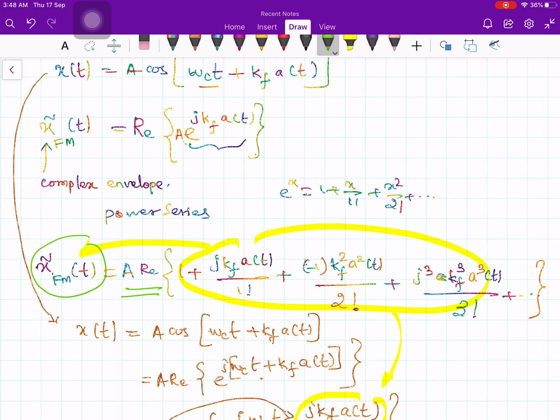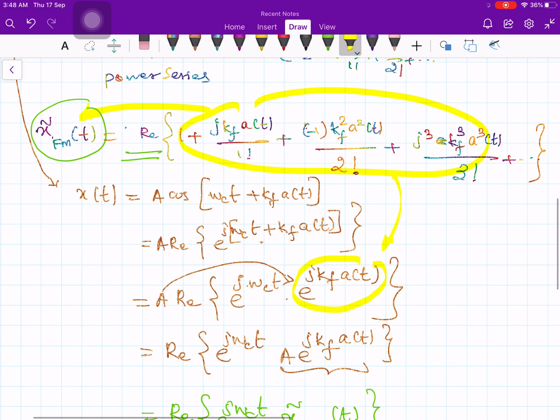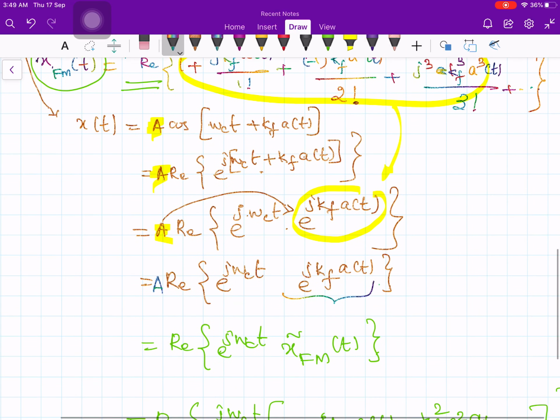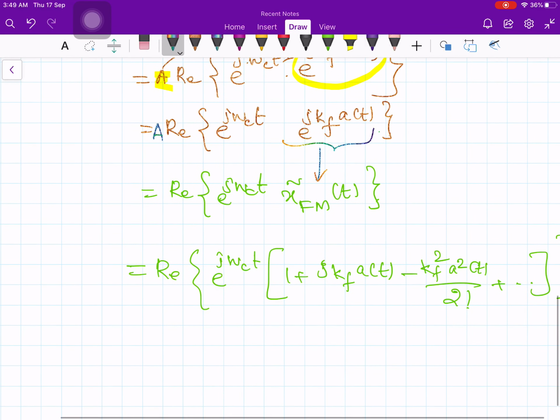So let the A be here as it is, and the same A repeats here also. So this is my x FM of t.